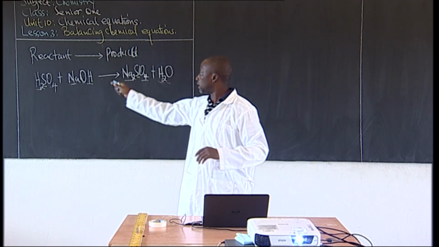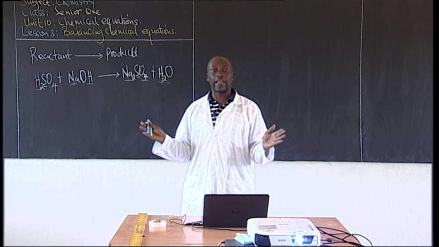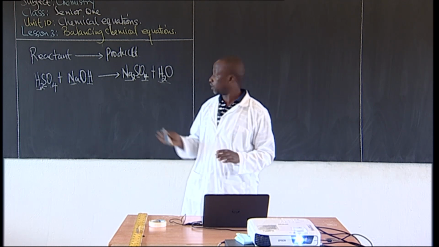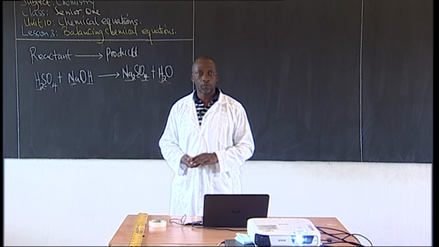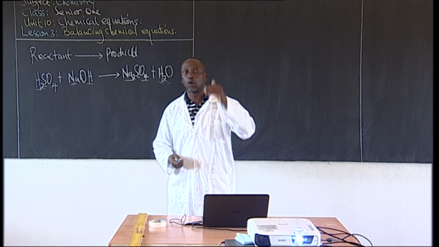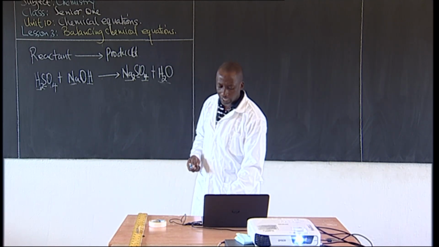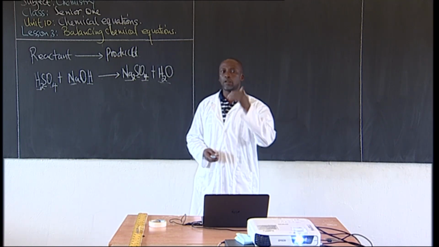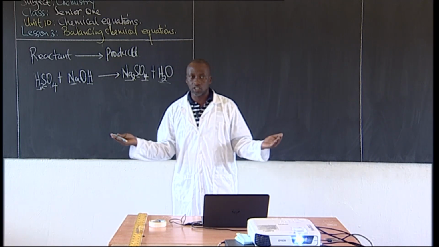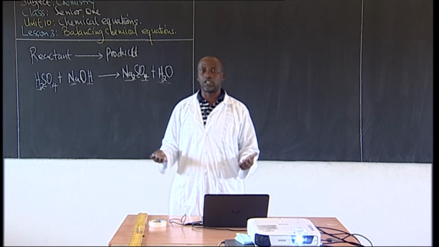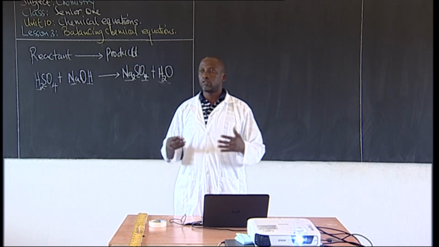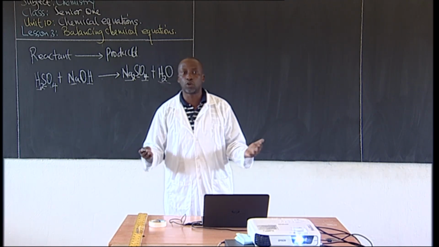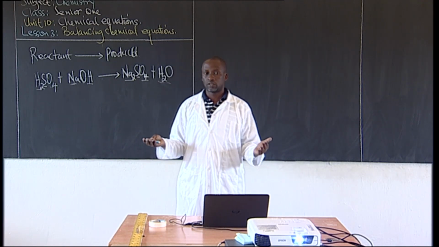When you look at the equation, it is very clear that the reaction is not balancing. I think we have already talked about it. So that is our purpose of today. We have to make sure that the reactions are balancing. And balancing is in our daily activities, in our homes, in our villages. It is compared to the distribution of resources.